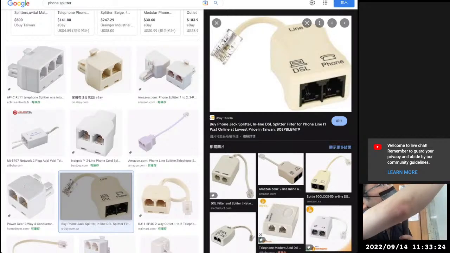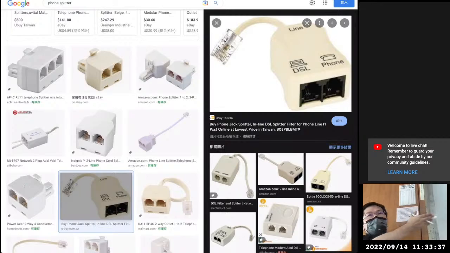One slot is to your original phone, 就是右半侧到你原本的电话上。So the voice, the voltage changes will still pass through this splitter to the right-hand side slot and to your phone.